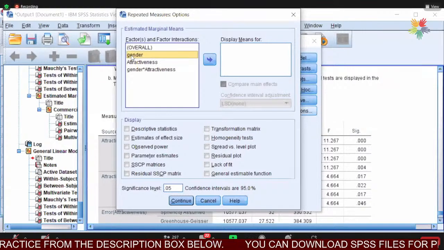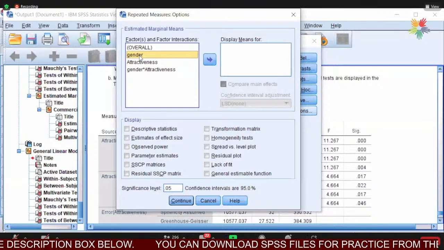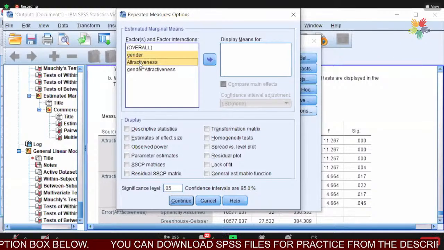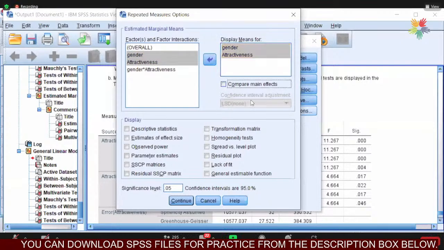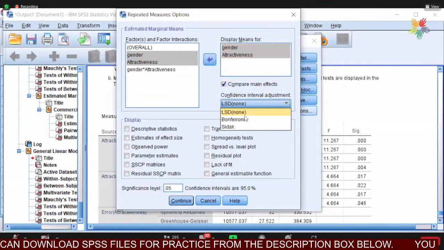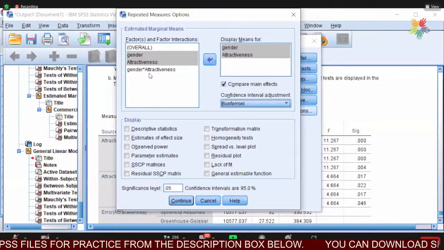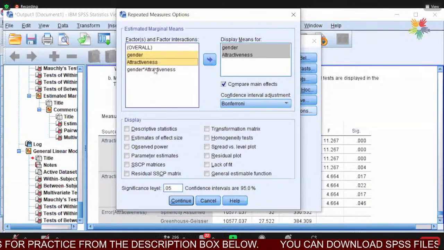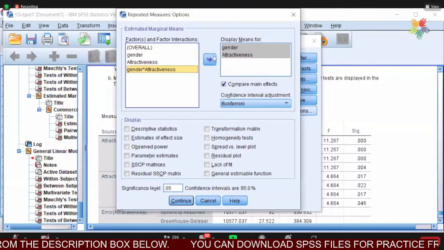First we'll put the gender and attractiveness. Then we will see this one, right? This also will put, this also will put.